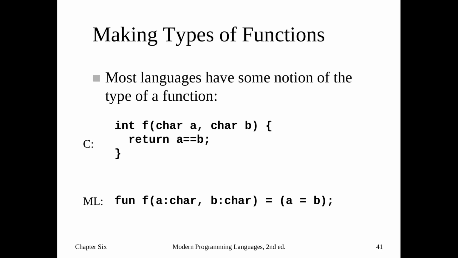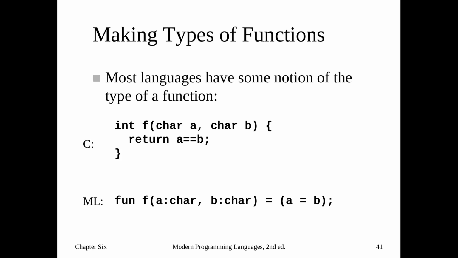If we want to make types of functions, most languages support some notion of the type of a function. For example, in this case, the domain is a pair of characters, and the range is an int. The mapping returns the test of whether or not A is equal to B. In C, an integer is the return value, either a 1 or some other non-zero number, or 0.